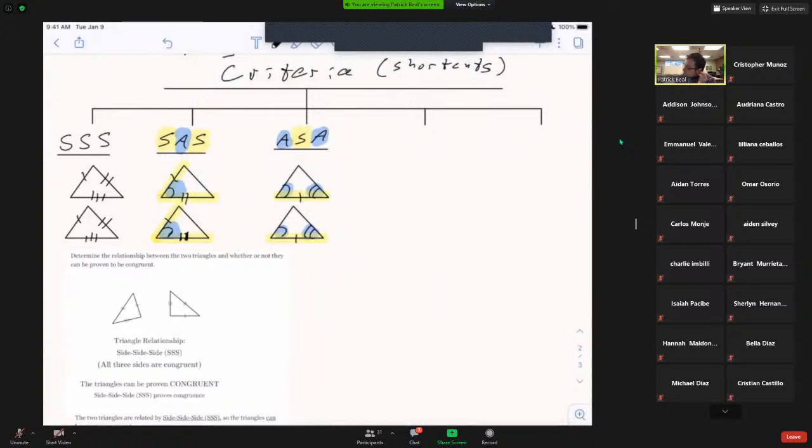Our fourth shortcut, just to be consistent, I'm going to color this one as well.